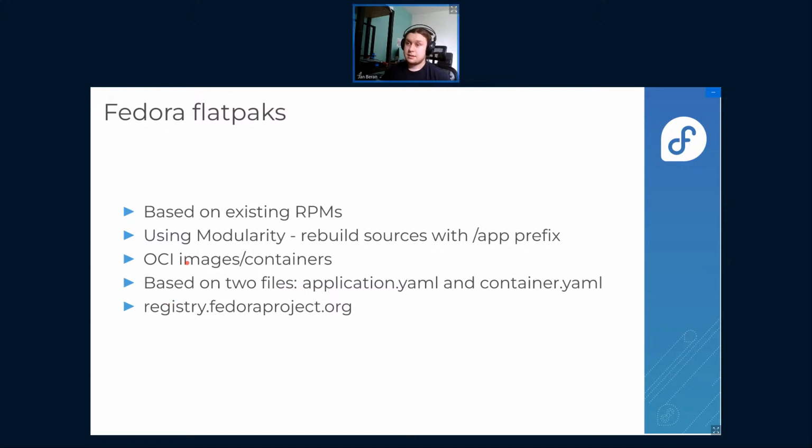And this process is based on two files, application.yml and container.yml. I will show you them and I will describe them. And registry.fedoraproject.org is just the place where Fedora Flatpaks live. So you can browse the website and see what applications are already converted.